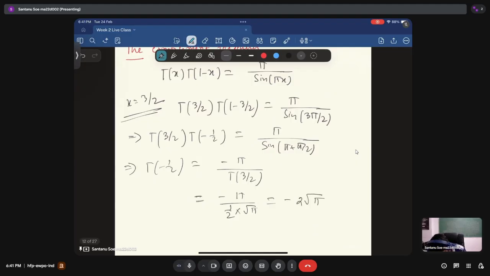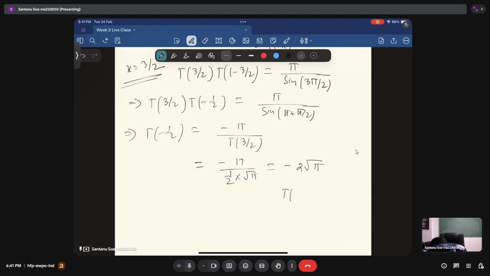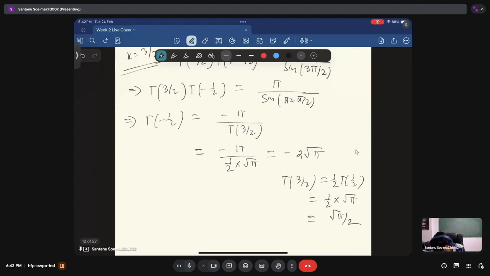because gamma of 3 by 2 is 1 by 2 times gamma of 1 by 2, which is 1 by 2 times root pi, or root pi by 2. Now we can put all the values together.